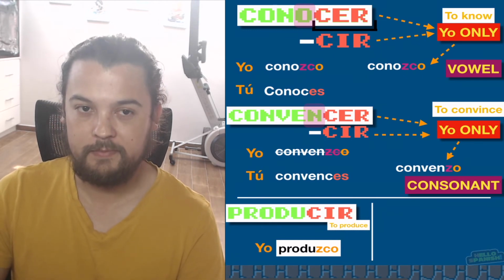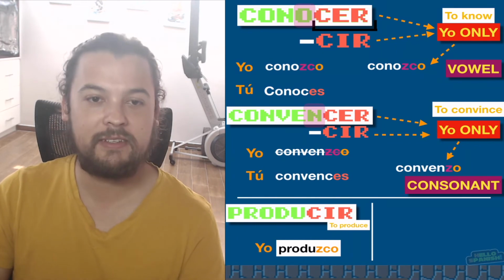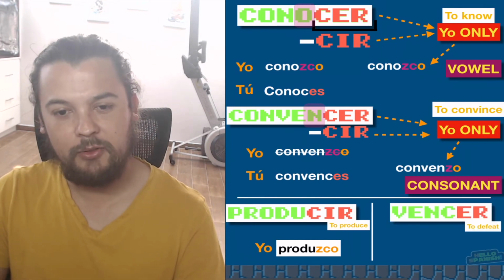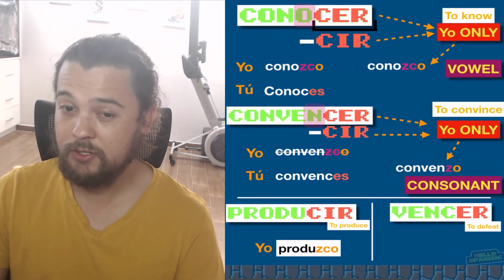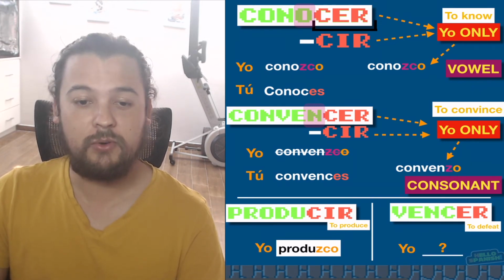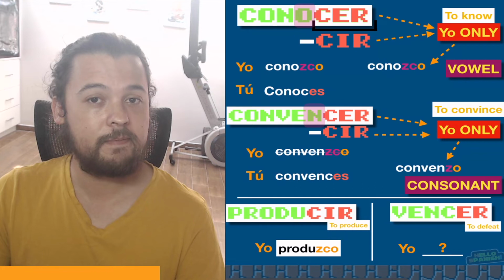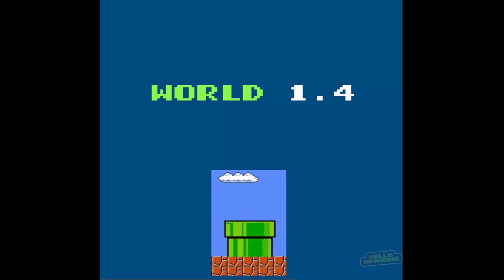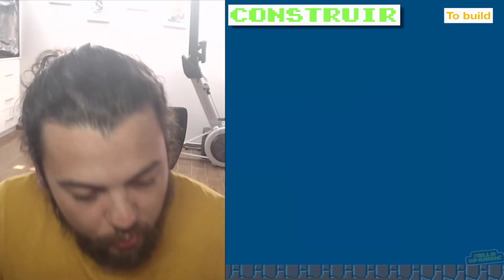So try to conjugate that one, put it in the comments. Let's see how you did it. And vencer, vencer is another verb, but it has a consonant behind the ending. So it would be yo venzo, I defeat.